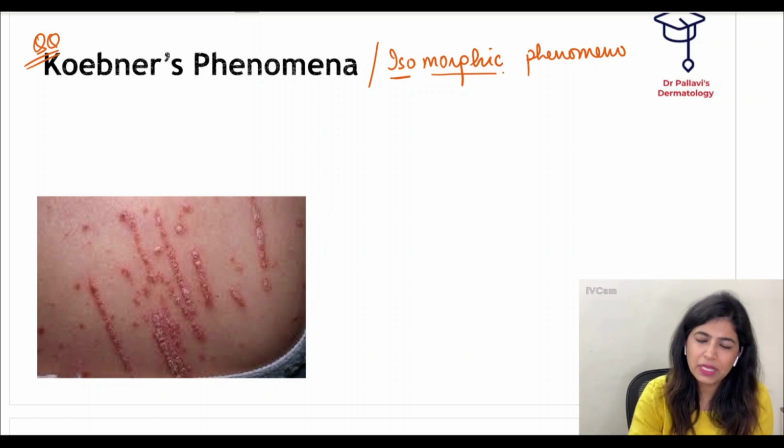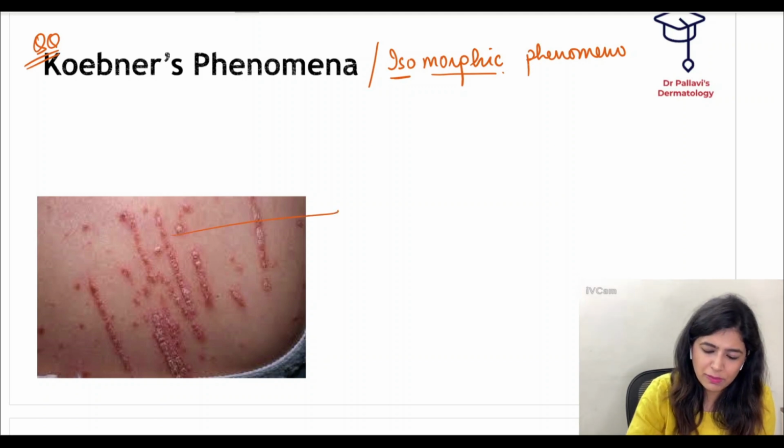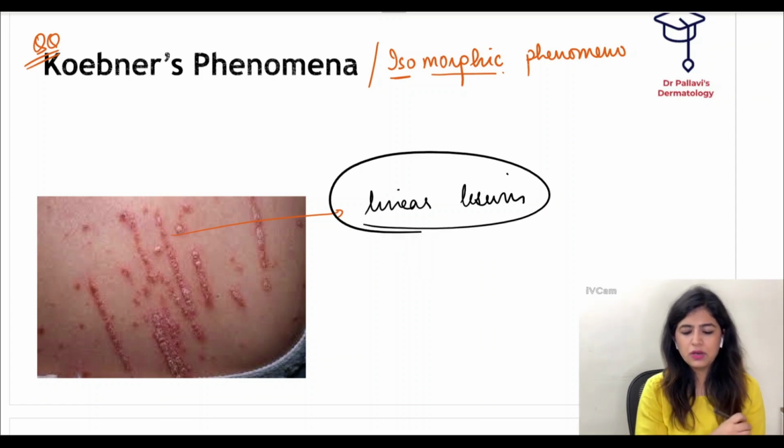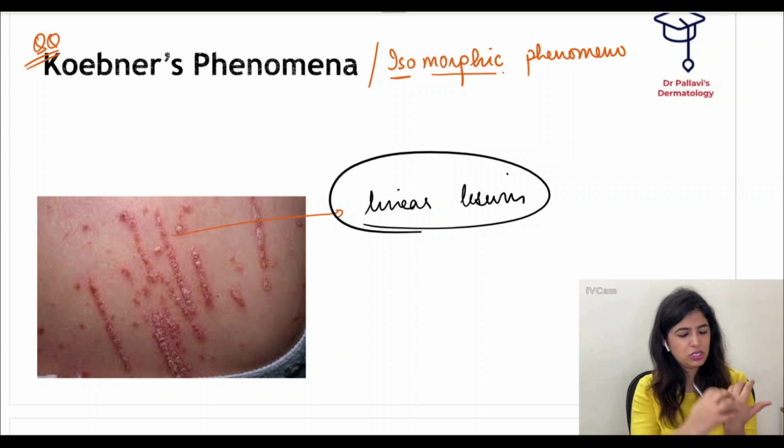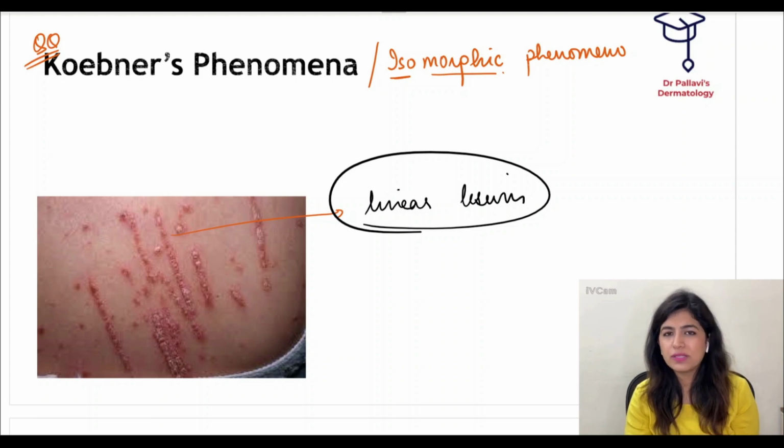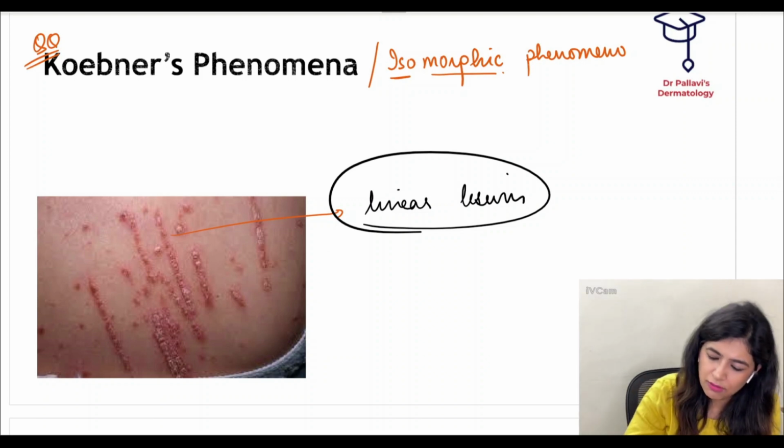So when they are happening along a scratch, they will be linear. In any image, you see these linear lesions, think of Koebner. Imagine me scratching. When I scratch, new psoriatic lesions appear along the scratch. They will be linear. Think of Koebner phenomenon, also called the isomorphic phenomenon.